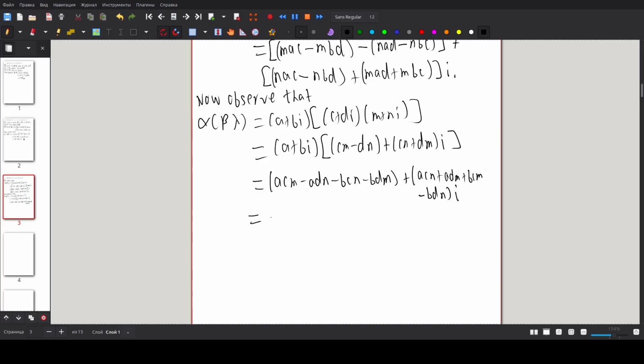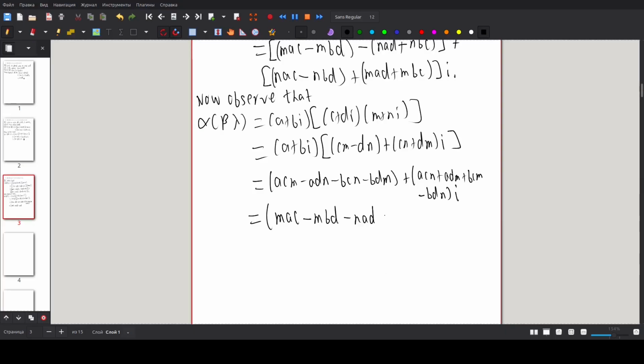Just to make this explicit, notice that this equals MAC minus, I just rearranged that. We can rearrange because of real number properties. So BDM is MBD minus, this is NAD. I just realized this should not be a minus. I messed that up, my bad.